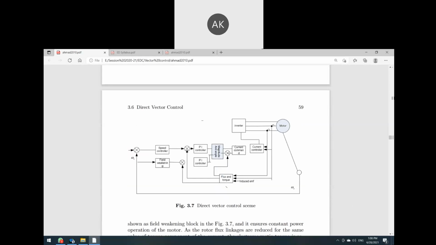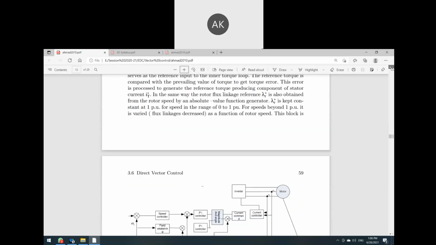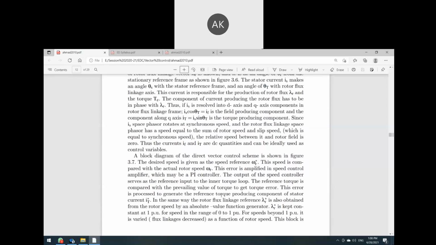So the output of the speed loop, which is the error signal of the speed, is used as the reference torque to the inner torque loop. The reference torque is compared with the prevailing value of torque to get the torque error. This error is processed to generate the reference torque producing component of the stator current IT.